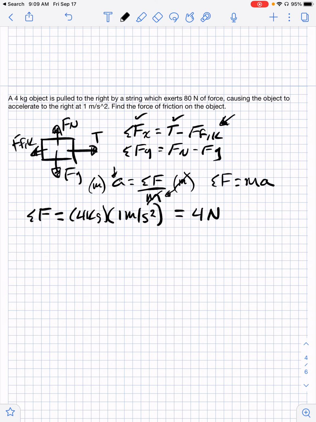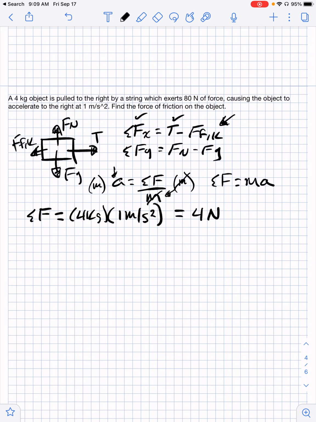We have the friction plus the net force is going to equal tension. Now I'm going to subtract the net force from both sides, and it cancels on that side. So what we're left with is the friction in this case is equal to the tension minus the net force.